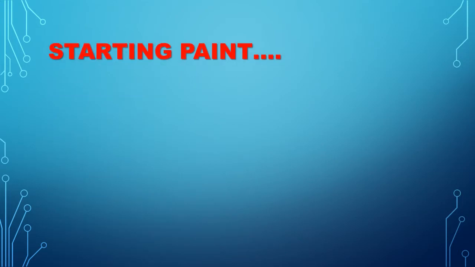First, starting Paint. How to open the Paint option, how to do painting on computer, that is what we are going to see. First you need to click the Start button on your computer.